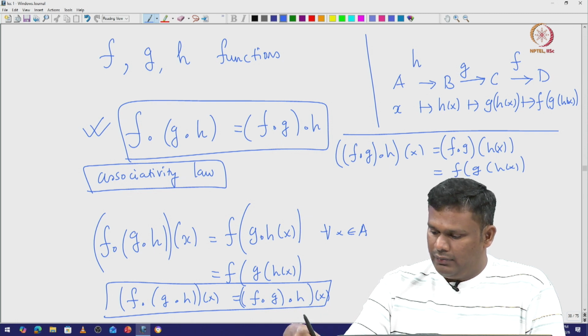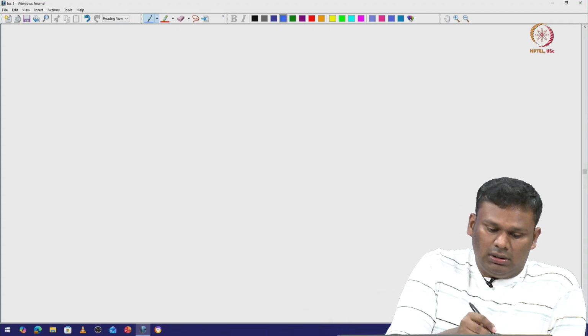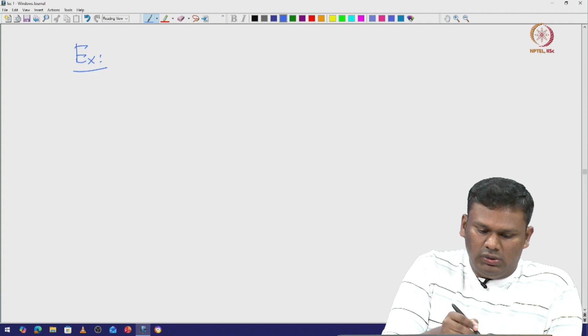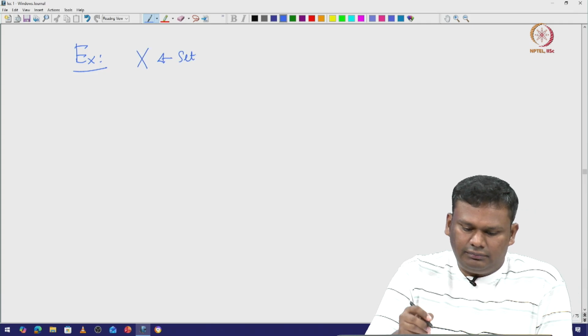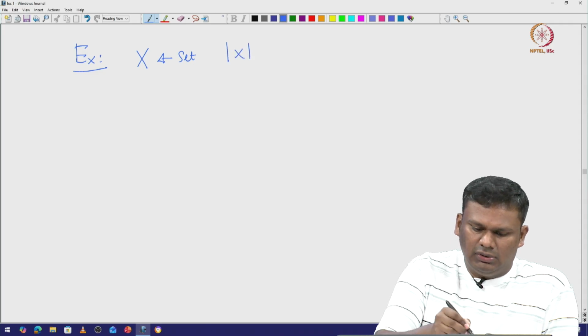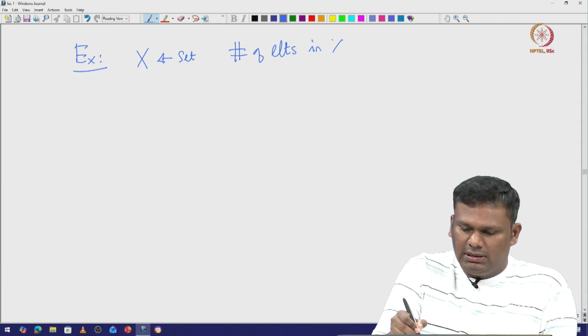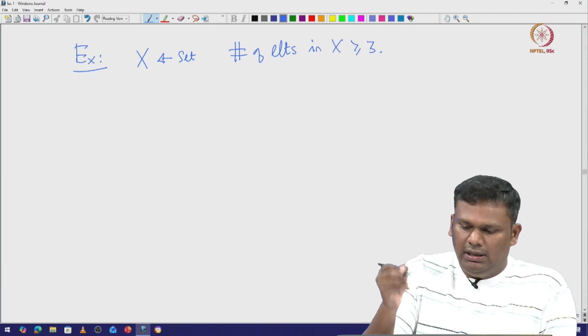Okay. Actually at least 3 elements. So, the exercise is that suppose I have a set X with the number of elements in X at least 3.